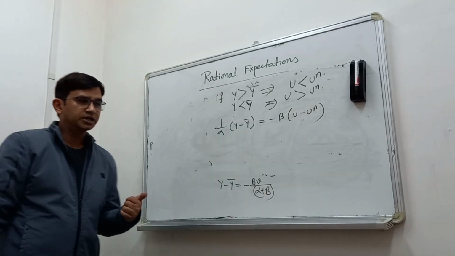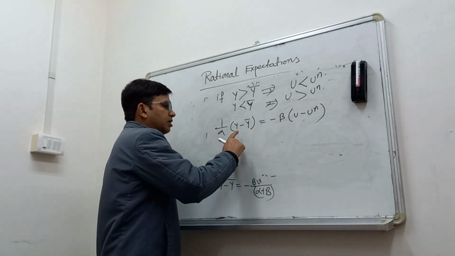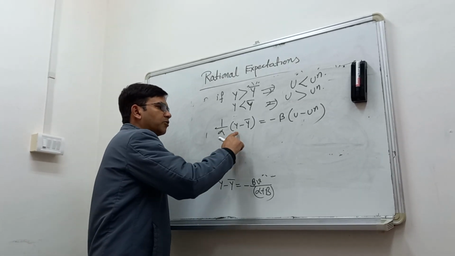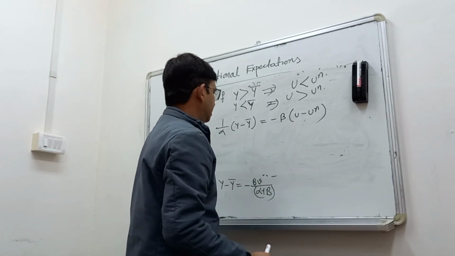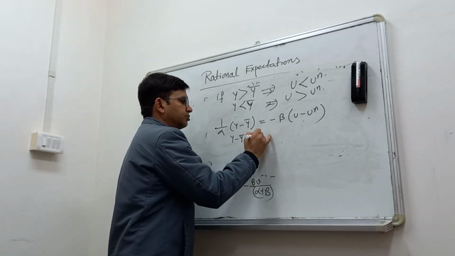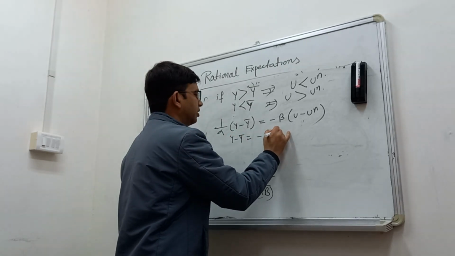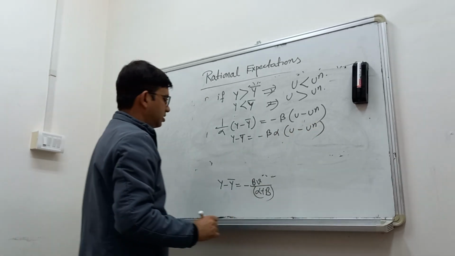So this equation exhibits an inverse relationship between the fluctuation of output from the natural level in the short run and the cyclical unemployment. So y minus y bar equals minus beta into alpha into U minus UN.